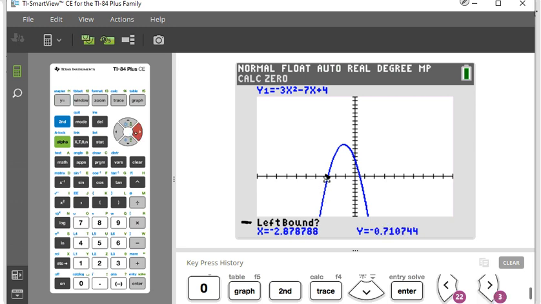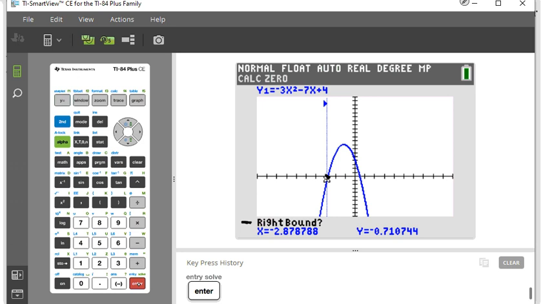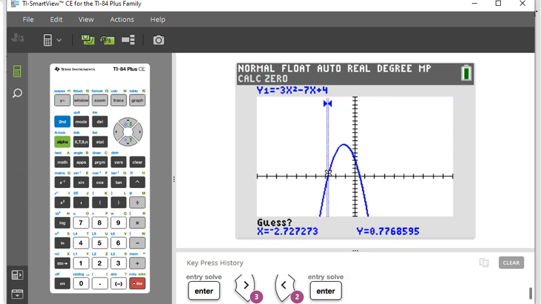So try to be close to it, hit enter. Now it says be on the right side of it. Every time I move up, I'm moving right of my intercept. So in that case, I want to be a little closer to it, but on the right side of it, hit enter. Guess it? Yes, please do.